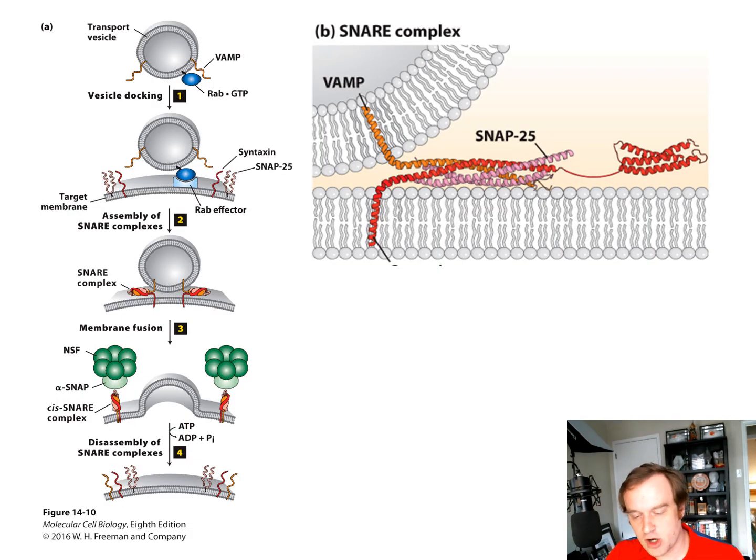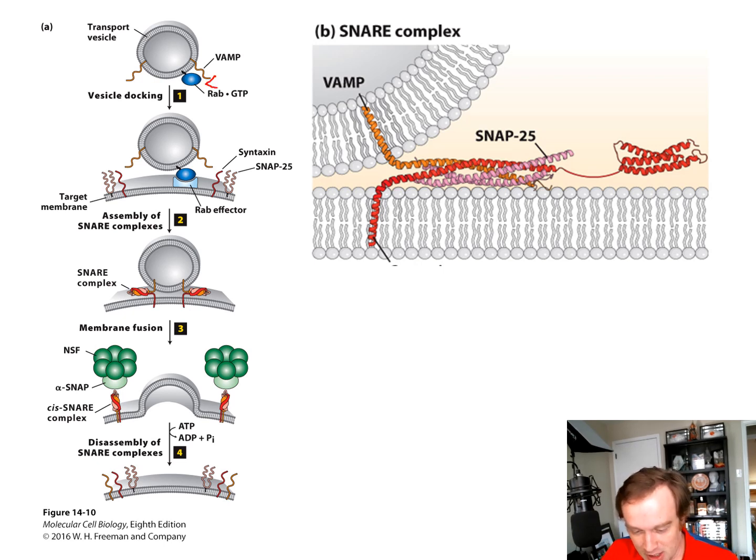Okay, so we've talked about how these proteins are packaged as cargo into vesicles, and we talked about how they get sent to different places, but now how do they bind with their target membrane? So let's keep working through this process, right? This is the model for docking and fusion of these transport vesicles with their target membranes. RAB GTPases control docking of vesicles on the target membrane.